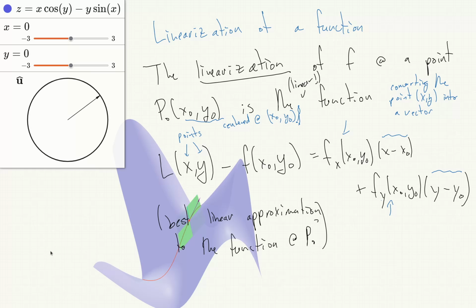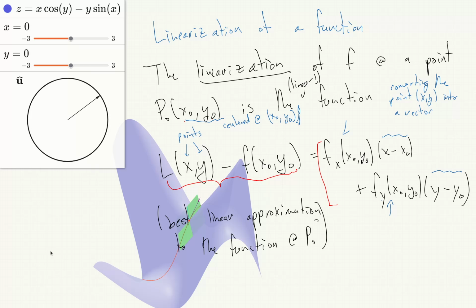So the linearization evaluated near the point x0, y0, minus the actual value there, is this thing with the gradients. And then, if we wanted to take the derivative in a particular direction, we could extract that information using a unit vector.